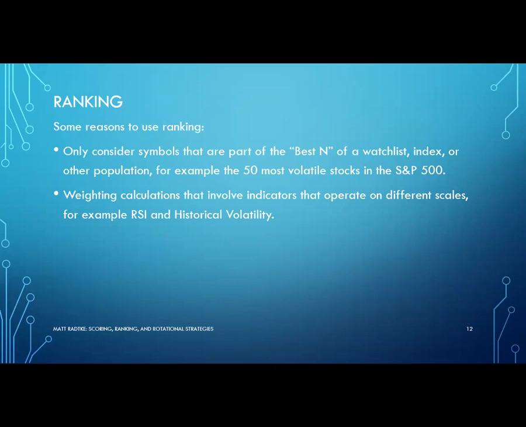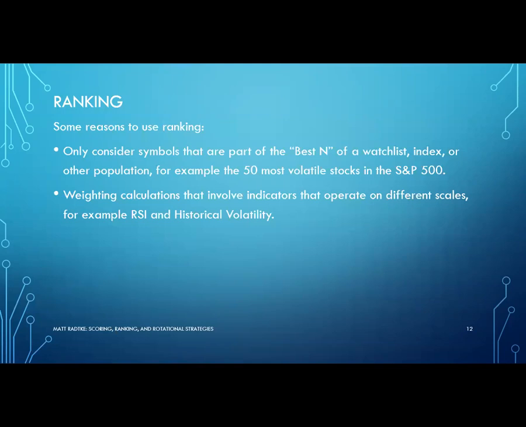And that weight is a combination of RSI, which operates on a scale of 0 to 100, and historical volatility, which theoretically could go to 0, but realistically is probably somewhere in the high single or low double digits, and can theoretically go to infinity. But practically, again, historical volatility might range from 10 to 300. We can't just add or multiply RSI and historical volatility, because we'll get very strange results.